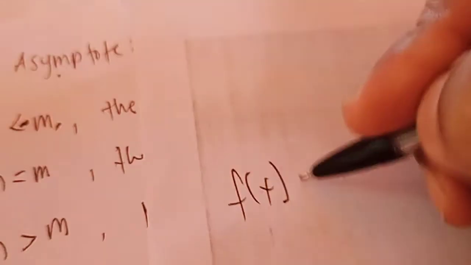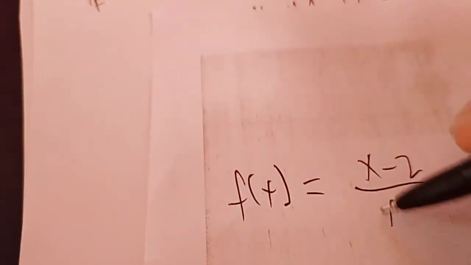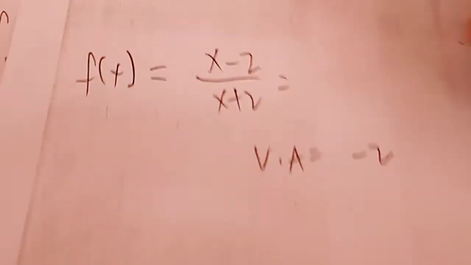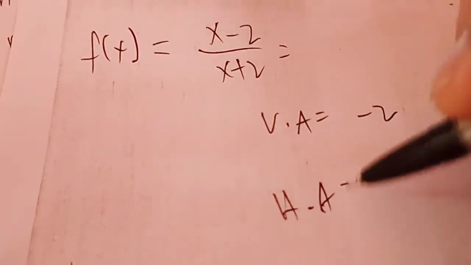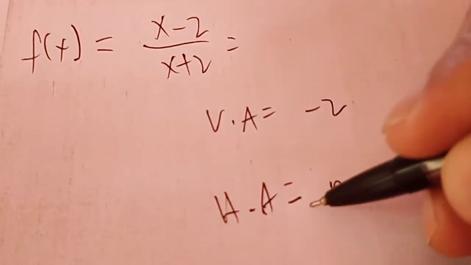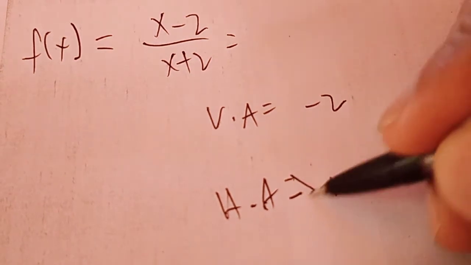Okay, so dito tayo. F of x is equal to x minus 2 over x plus 2, the vertical asymptote is negative 2 if the value of the denominator will become 0, while the horizontal asymptote is equal to, since n equals m, ayan, no?